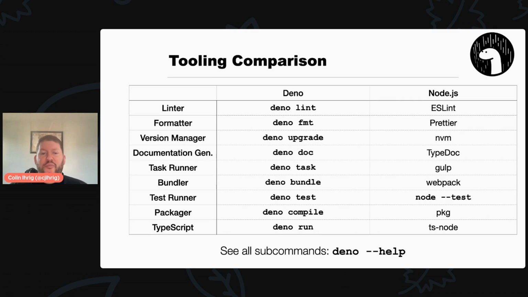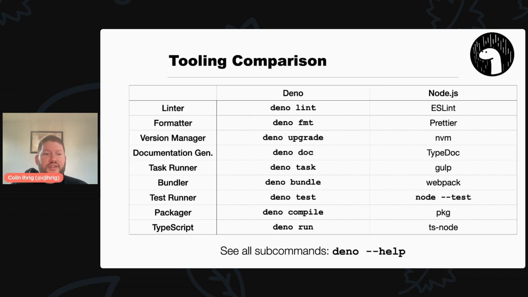Deno and Node both have built-in test runners. Node just recently got this in Node 18, and actually used the fact that Deno had one as a little bit of motivation. You can actually compile Deno applications into a single binary using deno compile, whereas on the Node side, you may have used tools like pkg to do similar things.